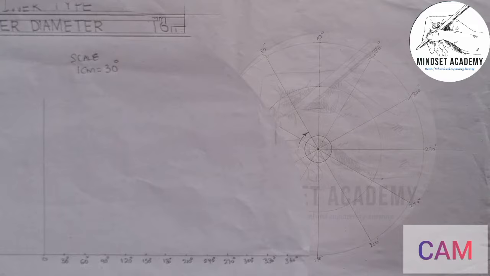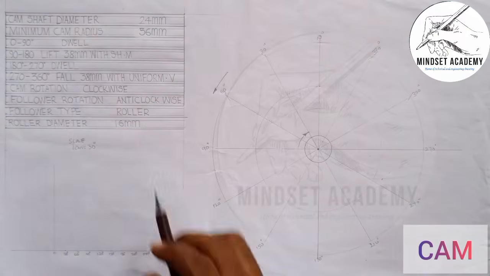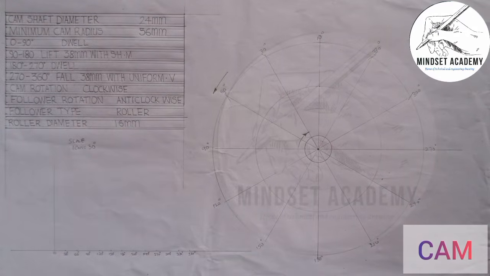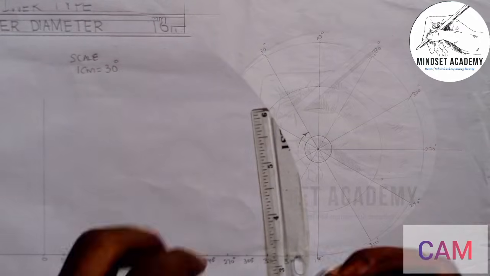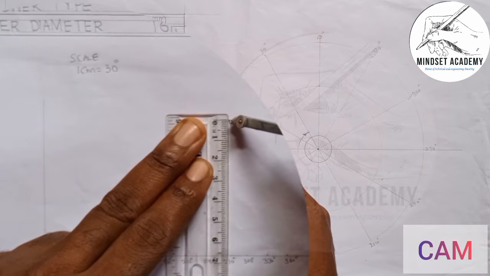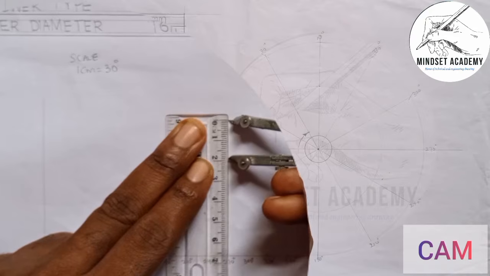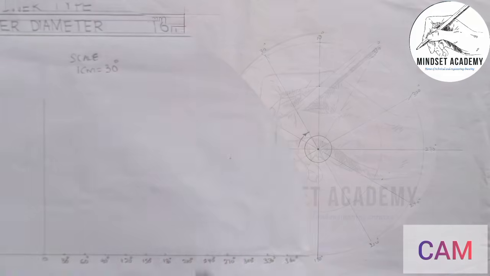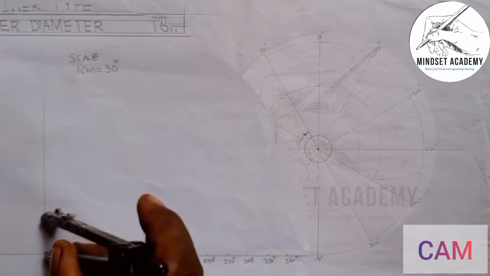So what I will do is, the height of my profile diagram is always the lift, and the lift is given to be 38. So I'm going to measure 38. Half of 38 is 19. So I'll measure 19 this way on my meter rule, from 0 to 19, just before 2, and I'll place it at this point here and mark here.